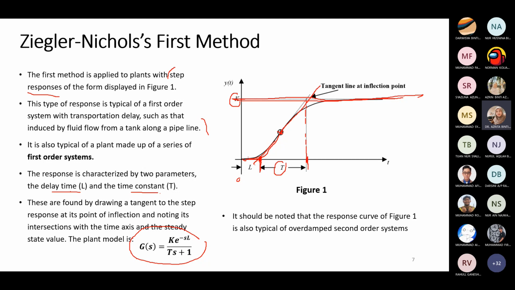Only if the response looks like this figure can you use this first method. That means we can conclude that the first method can only be applied to a first order system.